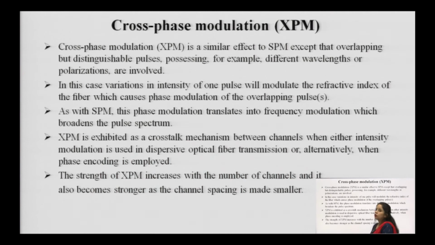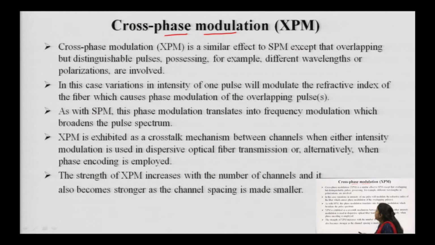Now comes the cross phase modulation. The basic things applicable to modulation are applicable here also for XPM, cross phase modulation. First of all, we have to see the difference between self phase modulation and cross phase modulation, because in both cases modulation occurs in terms of phase only.